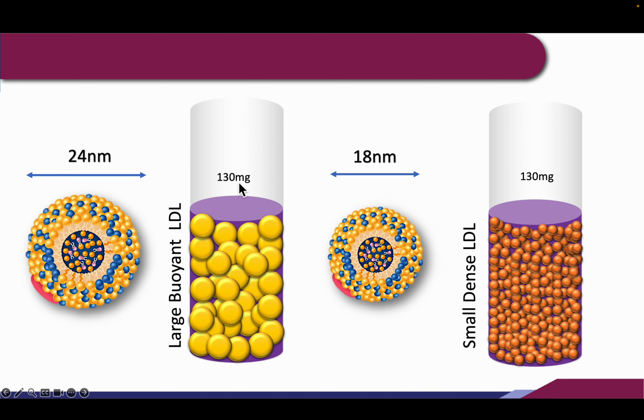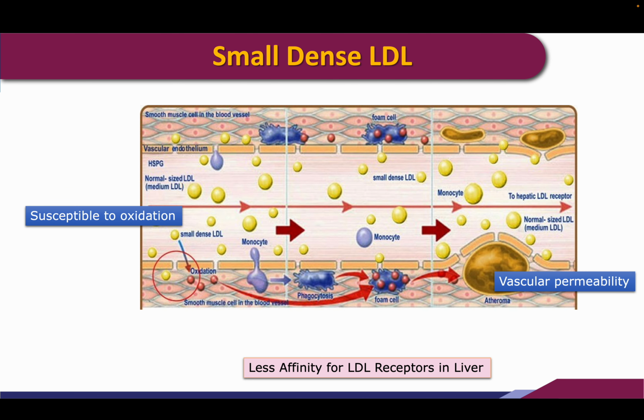For the same 130 milligrams of LDL, if you have a large LDL, there will be fewer molecules per 130 milligrams. But in case you have a small dense LDL, you have a large number of particles. So with the same LDL cholesterol, you would have a higher number of LDL particles, meaning higher risk of atherosclerotic disease.